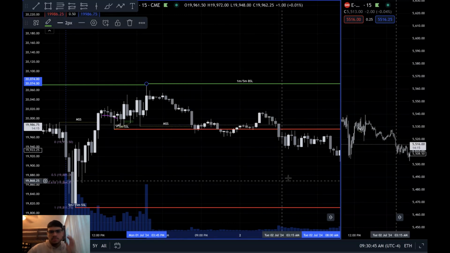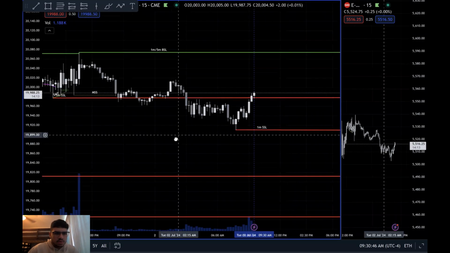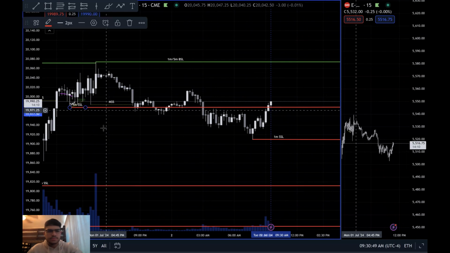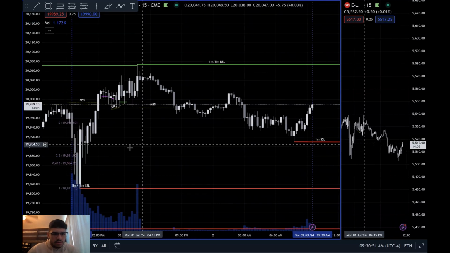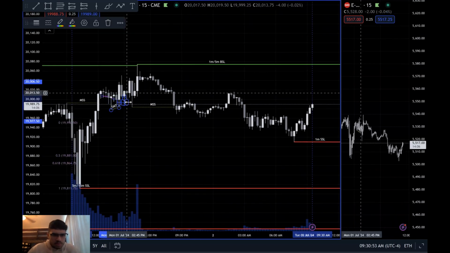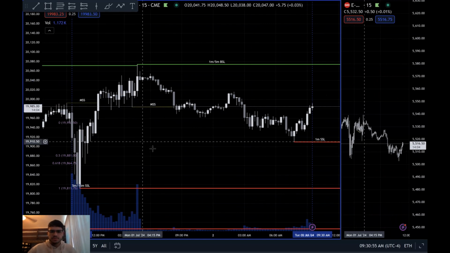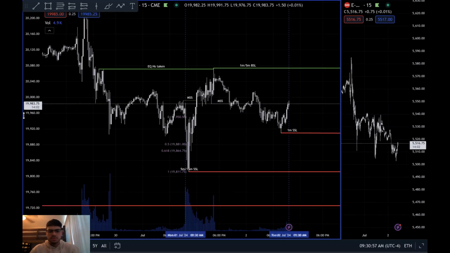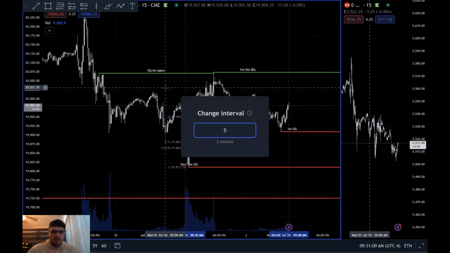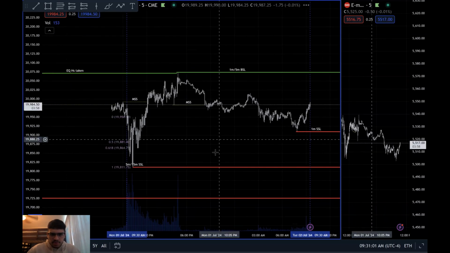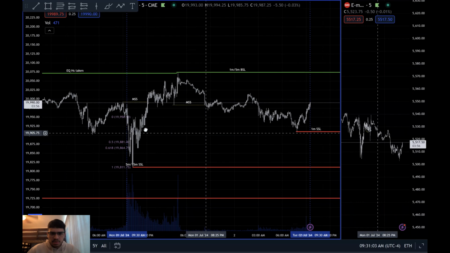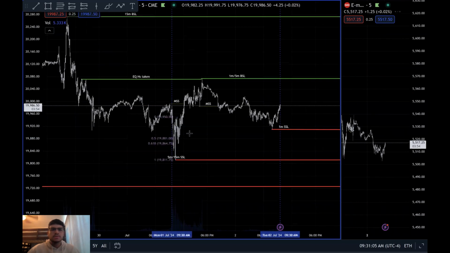Nice and slow action, which is better for me. This is really not important. Neither of these. Perfect. So going into the morning, 5-minute actually, making sure everything looks right. It does to me. This is the recipe right here, guys.